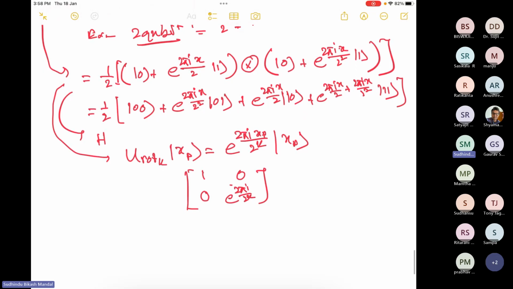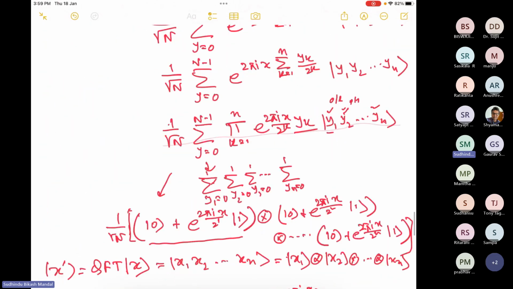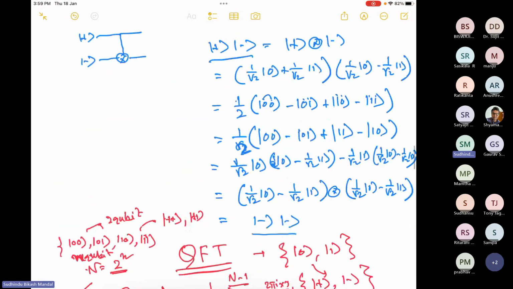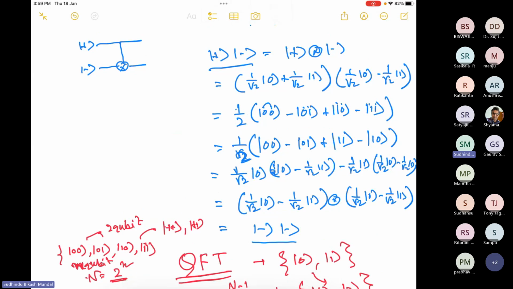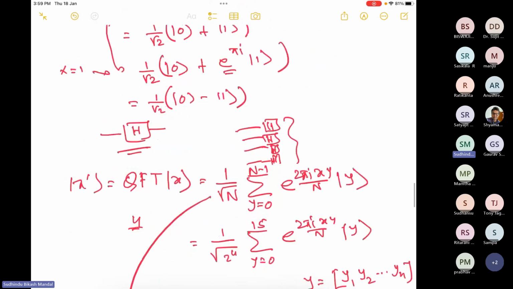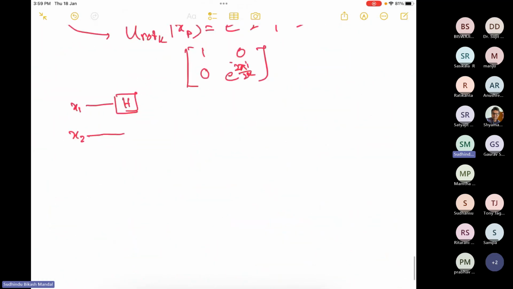So what will be the 2 qubit QFT circuit? There will be x1, x2, and we need a controlled unitary because we need to give this phase according to the position of 1 of x2. That's why I told you the phase kickback is required, because we need to shift this phase to our control state.